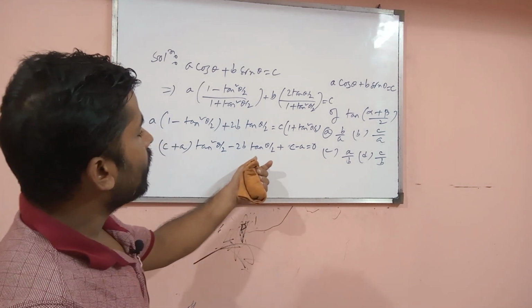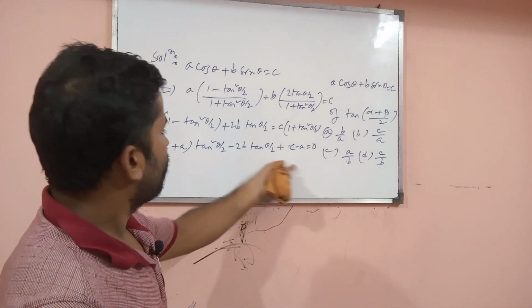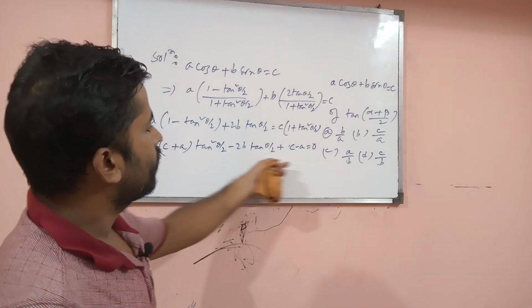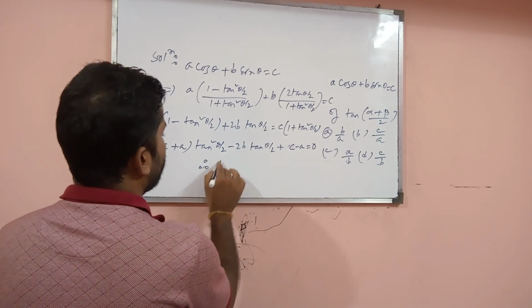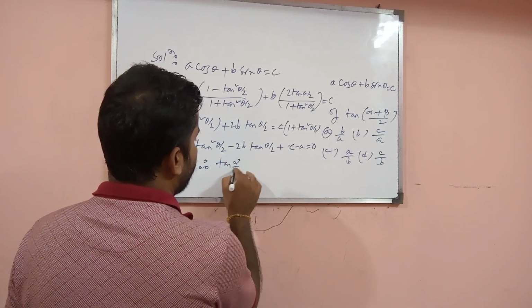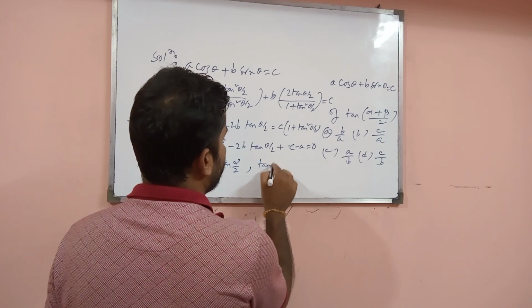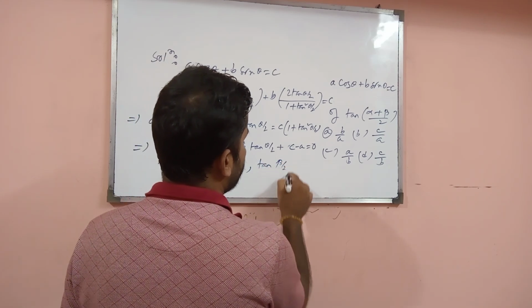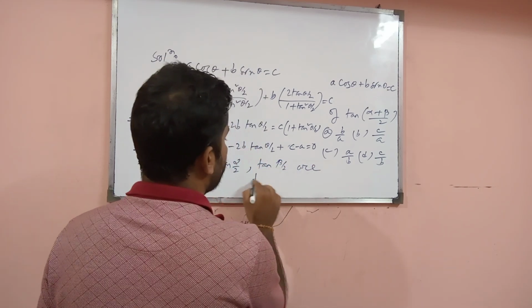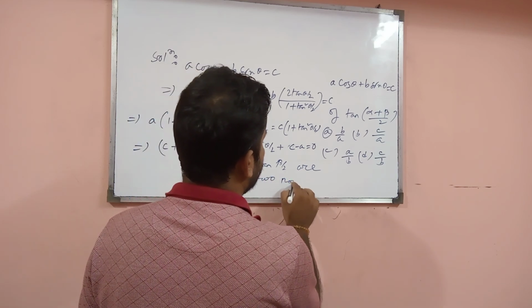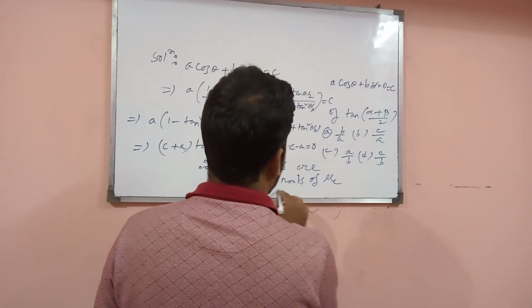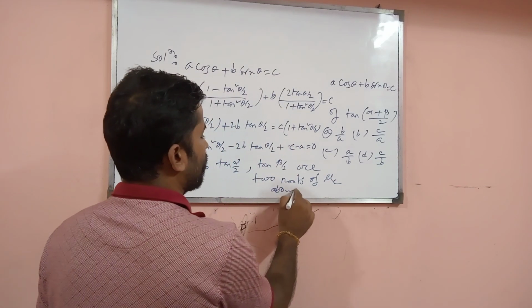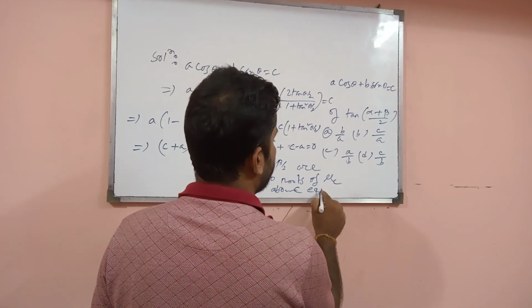As alpha, beta are two roots of this trigonometric equation, therefore tan alpha by 2, tan beta by 2 are two roots of the above equation.